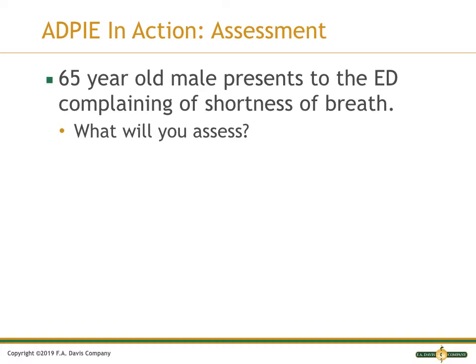What does their heart sound like? What is their appearance? So you're going through that physical assessment: inspection, palpation, auscultation. So first is assessment. What are you going to assess? Auscultation, you're going to get vital signs, etc.